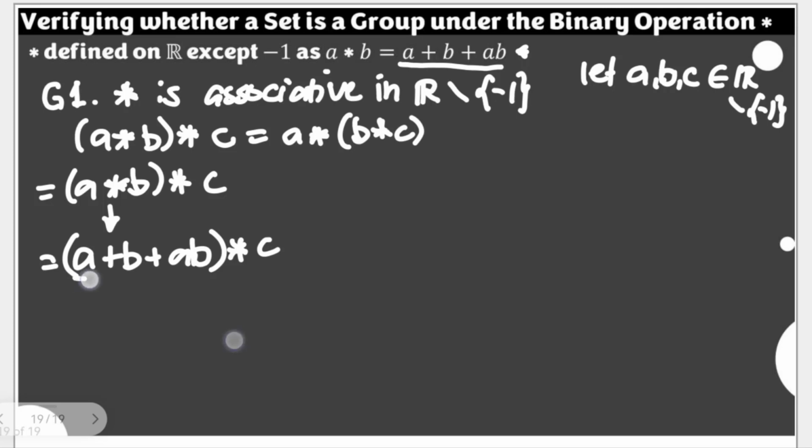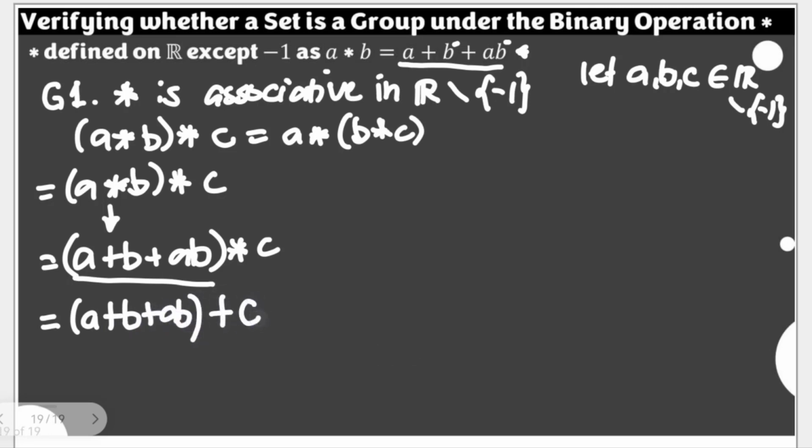We're going to treat this as 1 actually. That would be our new A and our C would be our B here. This would mean A plus B plus AB, that's our A plus our B, which is C, and plus the product of the two, A plus B plus AB times C. Let's find out what will be the result of this.